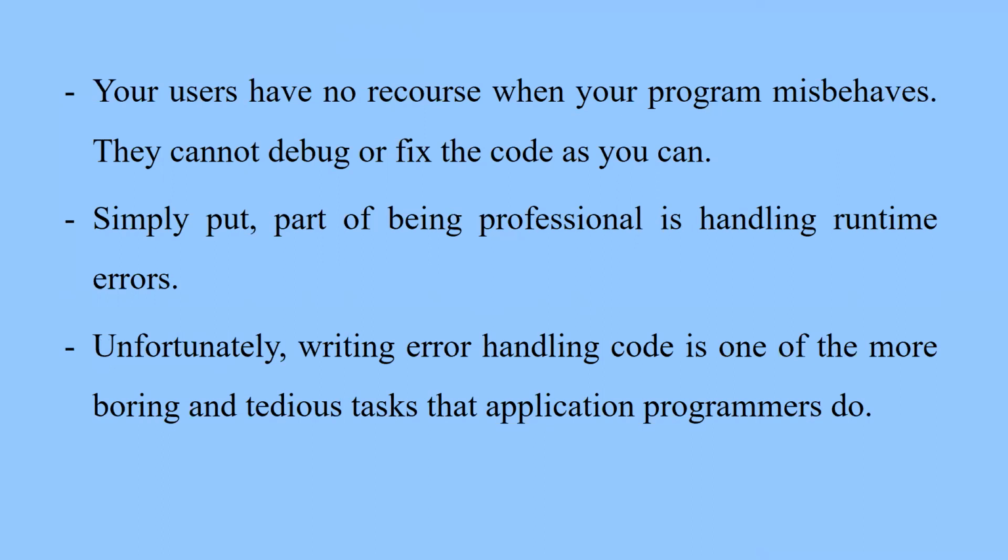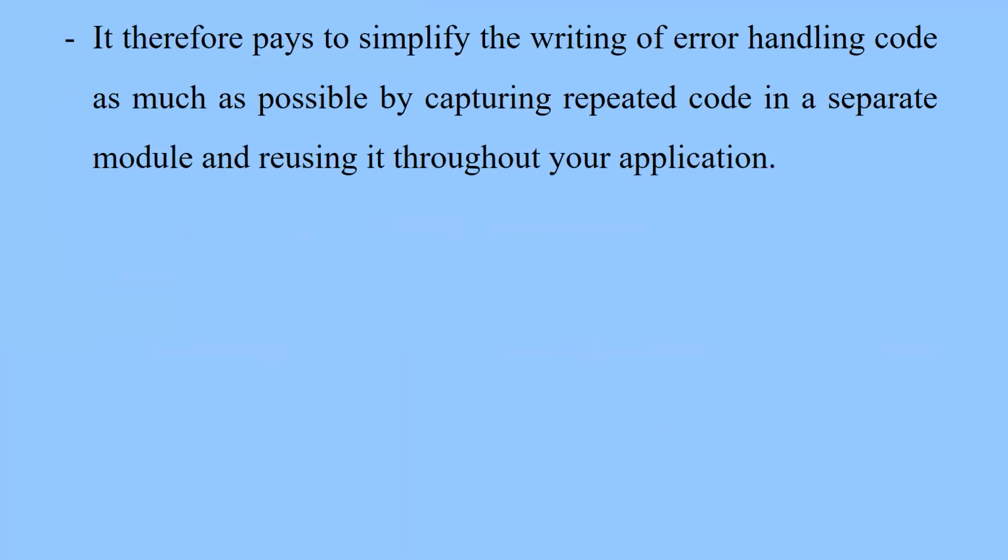Unfortunately, writing error handling code is one of the more boring and tedious tasks that application programmers do. It therefore pays to simplify the writing of error handling code as much as possible by capturing repeated code in a separate module and using it throughout your application. This has two additional benefits.